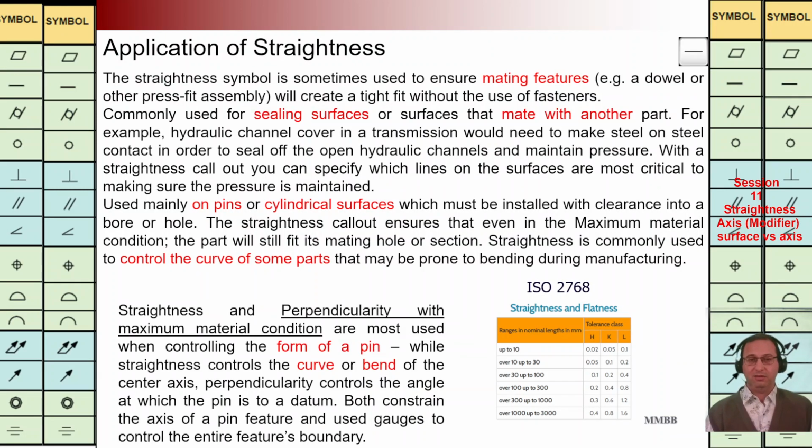In last slide, I can say whenever we have mating surface, in order to control the curve and bending of that, we need to use this straightness. But what is the value of that? Based on ISO 2768, we have three different classes, as it is mentioned here, but we need to consider what is thermal load on that component, what is mechanical load on that.